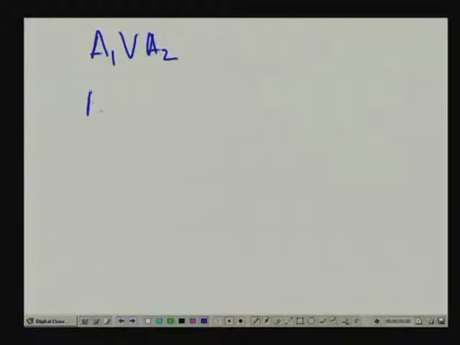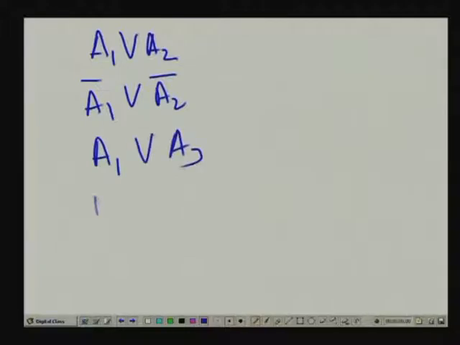Now, if we consider a different class of hypothesis, suppose our hypothesis is a disjunction of exactly two literals, then our hypothesis space will be different. What would be the possible hypotheses in this space? A1 or A2 is a hypothesis, A1 bar or A2 bar is a hypothesis, A1 or A3 is a hypothesis, A2 bar or A3 is a hypothesis, and so on.